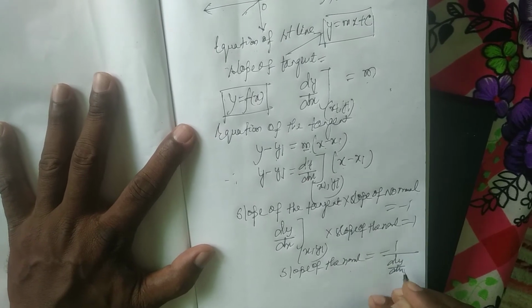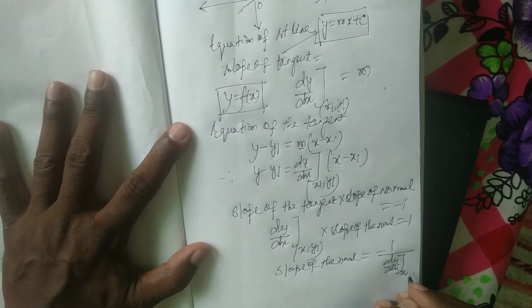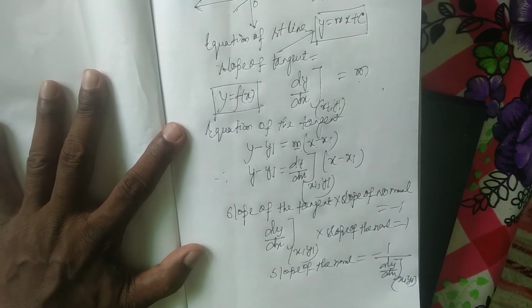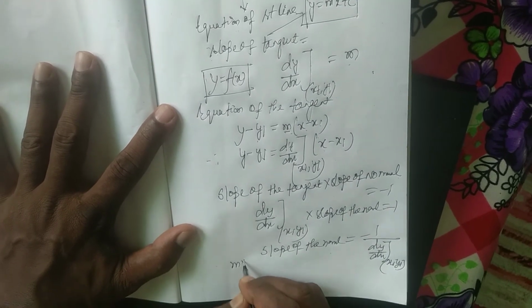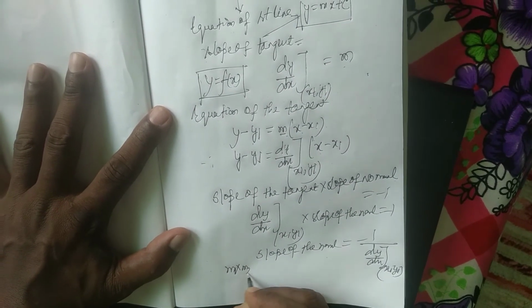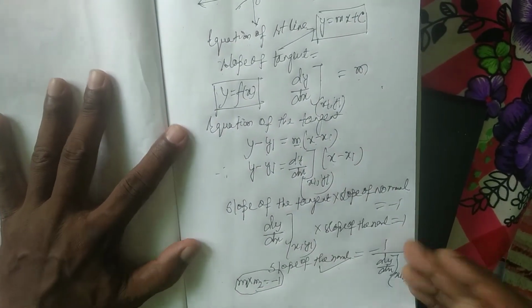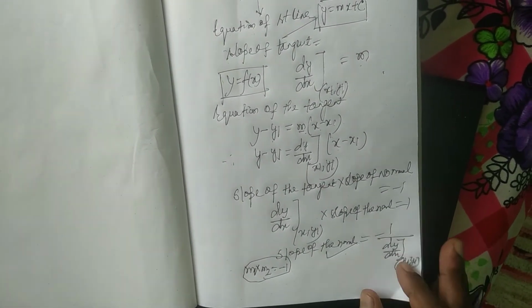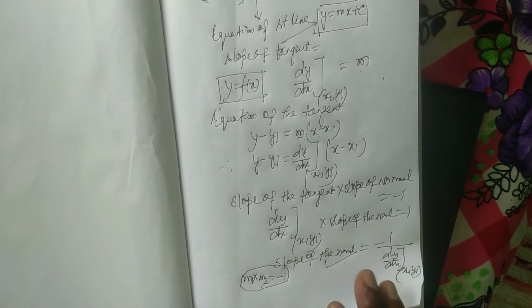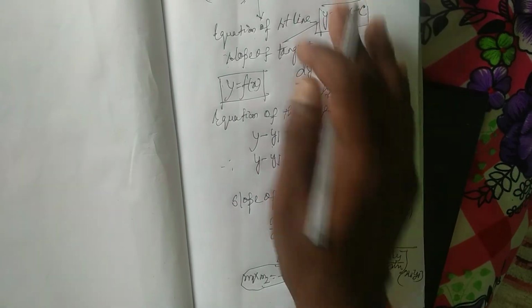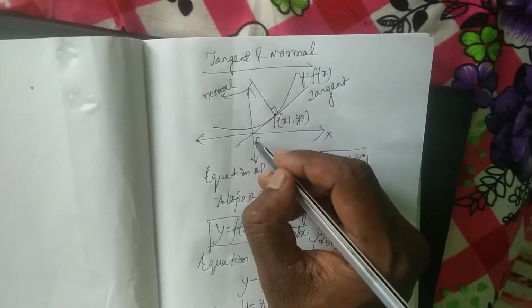Understood, all of you? Please take care always that m1 times m2 is equal to -1, so the slope of the normal can be deduced using -1 by dy/dx at (x1, y1).